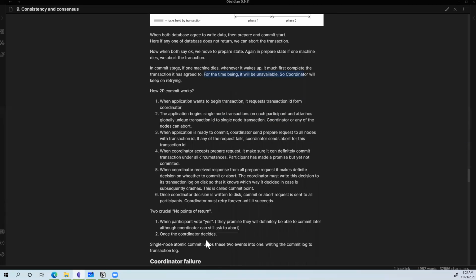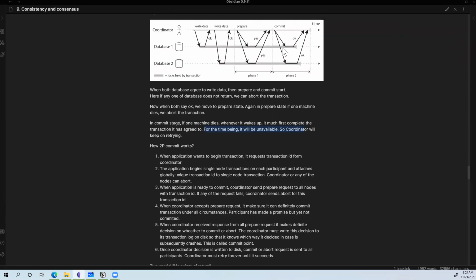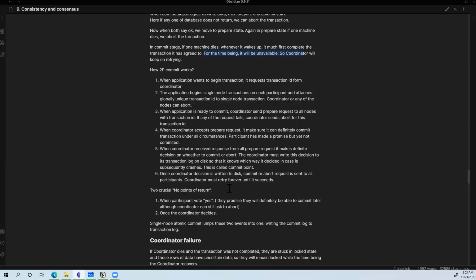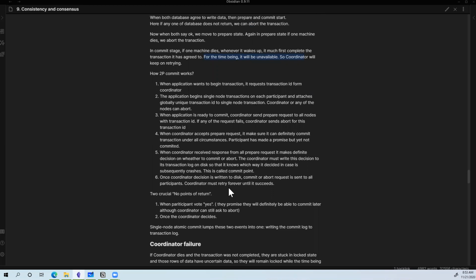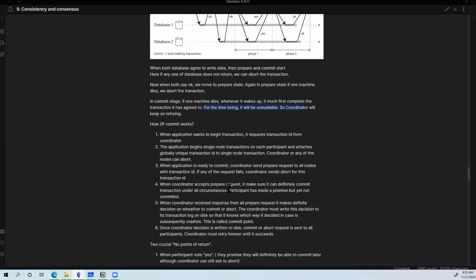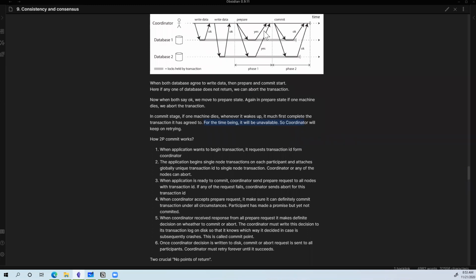So the two crucial points of no return: the first is when participants have voted yes, at this point, right? When they have voted yes, they have promised they will definitely be able to commit later. So at this point, they both have agreed to commit, and now they just need to wait for the coordinator to tell them that they can commit.